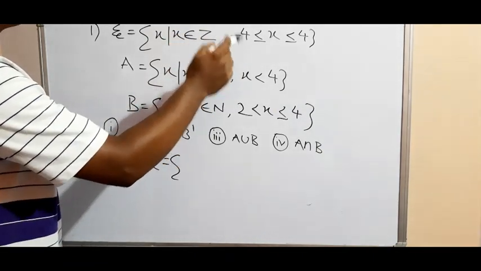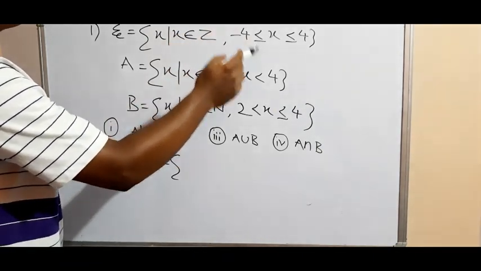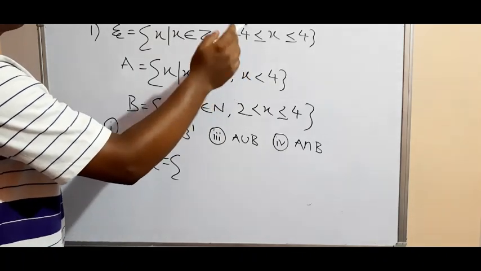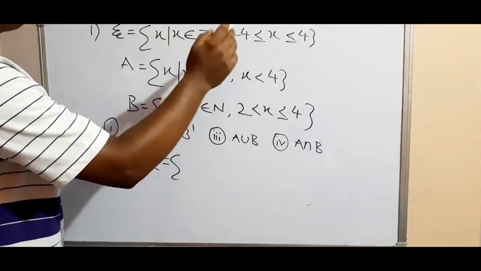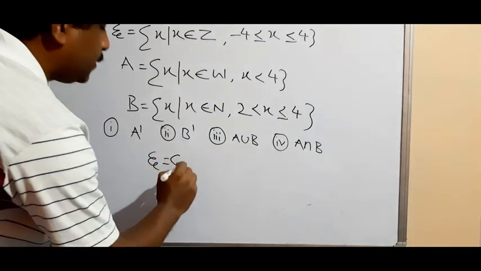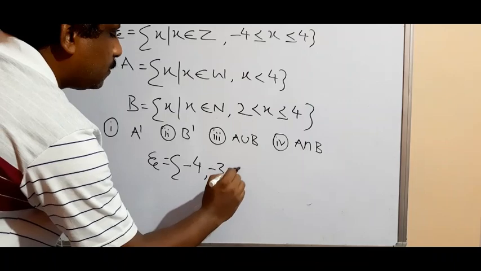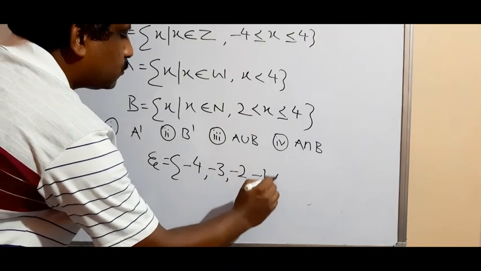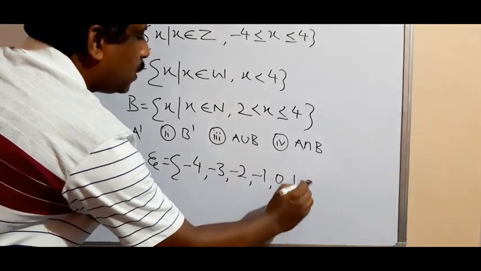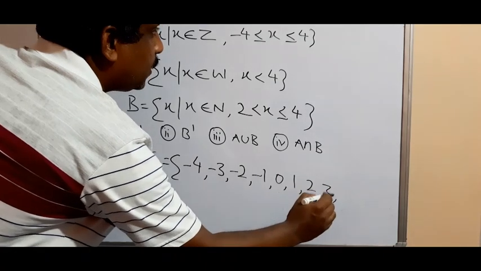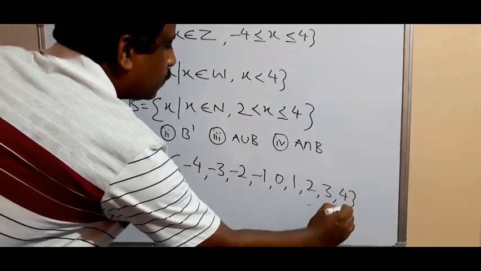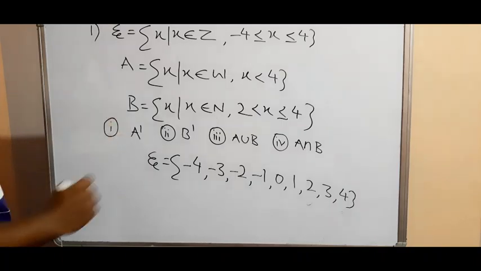So minus 4, minus 3, minus 2, minus 1, 0, 1, 2, 3, 4. This is the universal set.